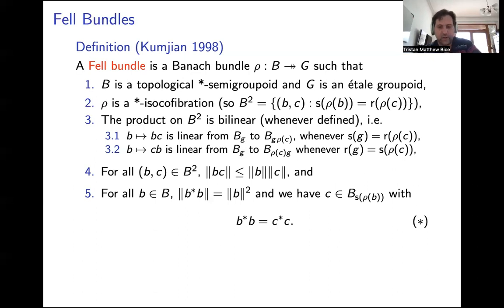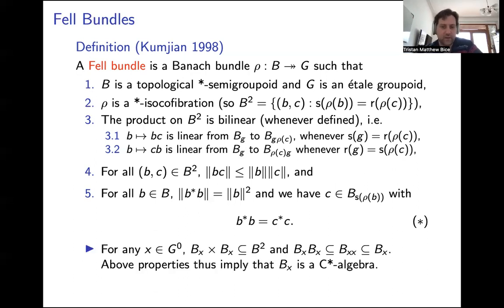Why would you require these conditions? Well, one clue as to why you would require these is because you want at least the unit fibers. You want these guys to be C-star algebras. And indeed, this is basically what this says. If you have a unit, well, then any pair of elements in the corresponding fiber can indeed be multiplied.